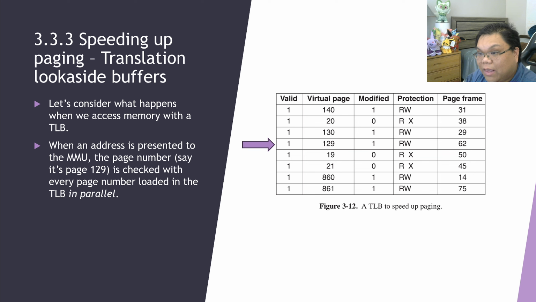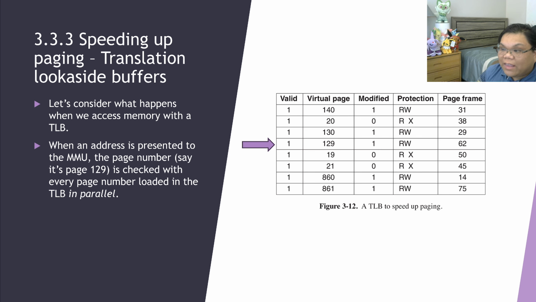When we present a virtual address to the MMU, we first check whether there's a corresponding entry in the TLB. When we look for a virtual page in the TLB, say we're looking for page 129, basically we check the page against every entry in the TLB all at once, in parallel.